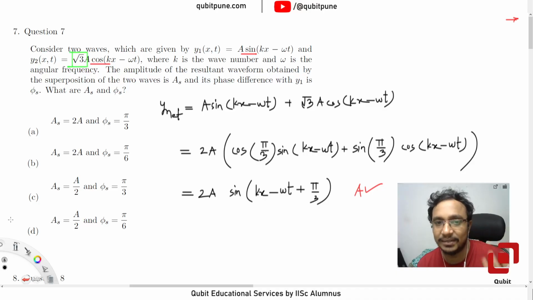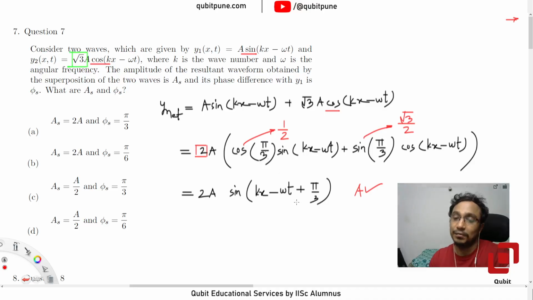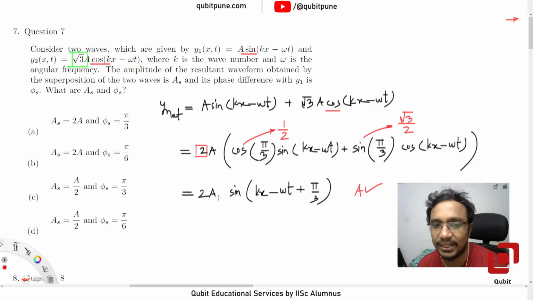That's exactly what I did. Okay, तो मैंने उसको change नहीं किया. I wrote it as cos only, but I multiplied and divided by 2. That 2 that you can see outside is the multiplied part, and that 2 that you do not see is actually replaced by this cos pi by 3, which is half, sin pi by 3, which is root 3 by 2. It's sin a cos b plus cos a sin b, sin of a plus b, phase difference pi by 3, amplitude.